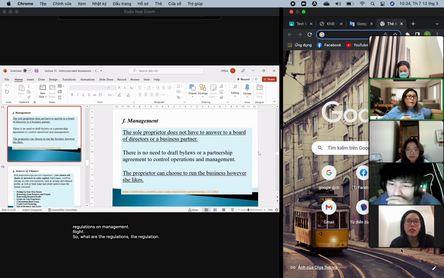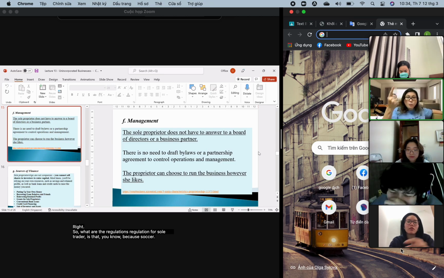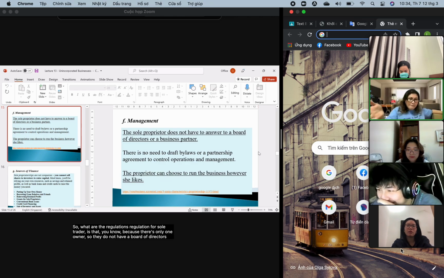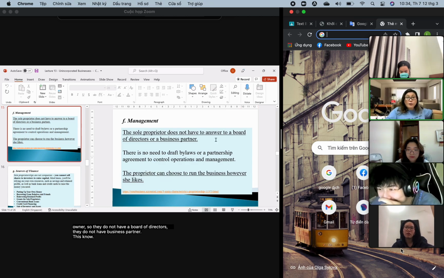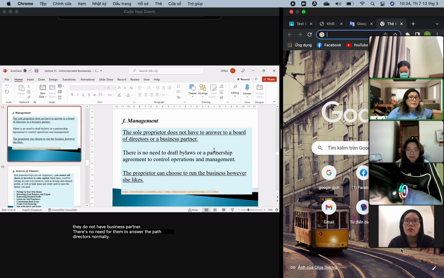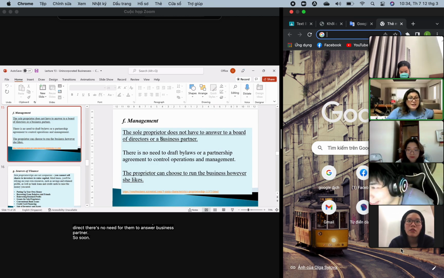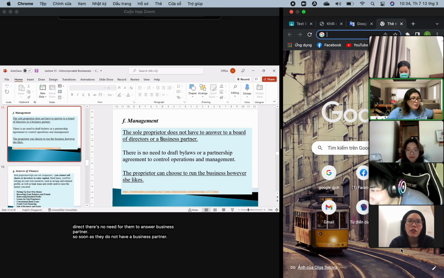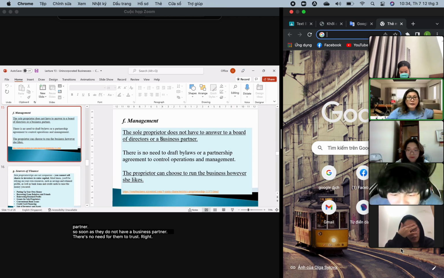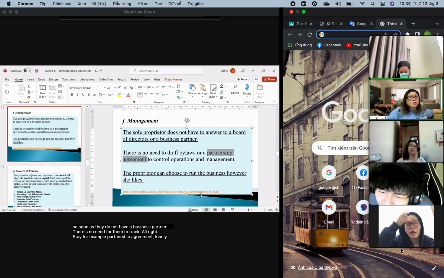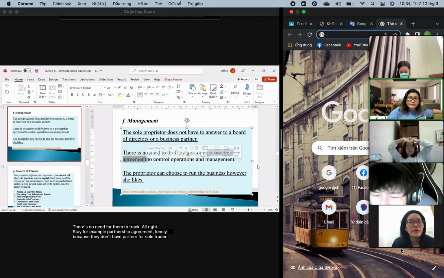For a sole trader, there's only one owner, so they do not have a board of directors, they do not have a business partner, no need for them to answer to a board or a partner. Since they do not have a business partner, there's no need to draft, for example, a partnership agreement.